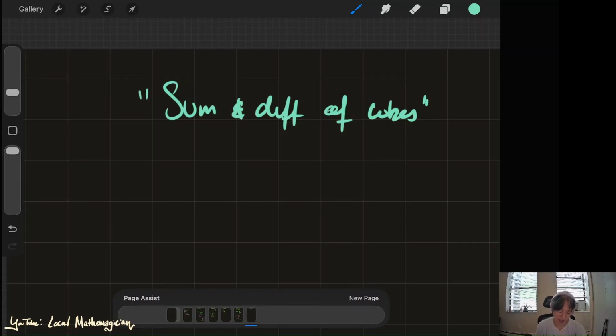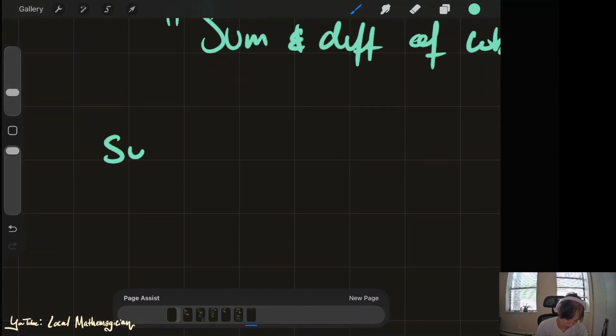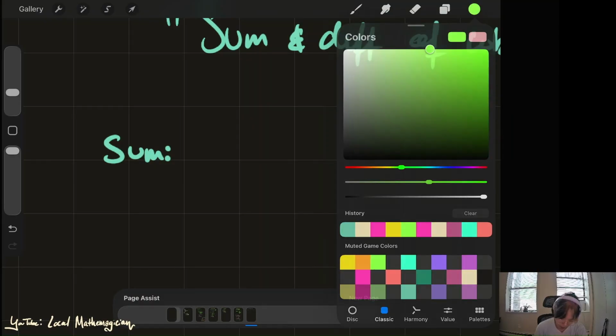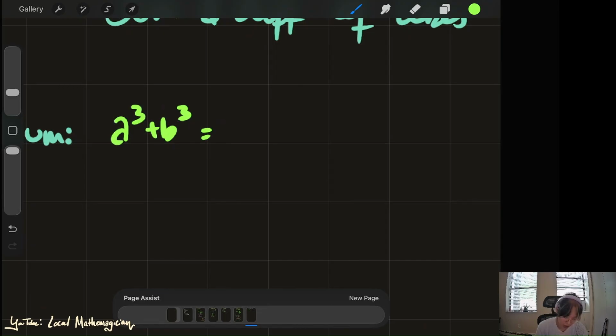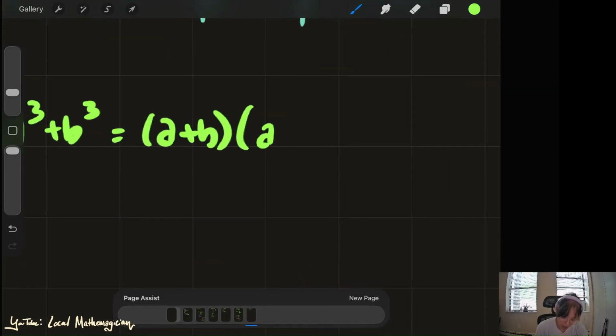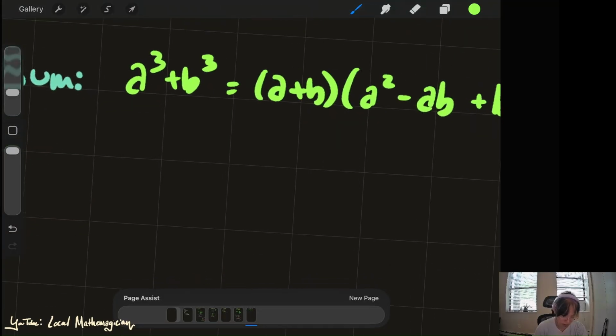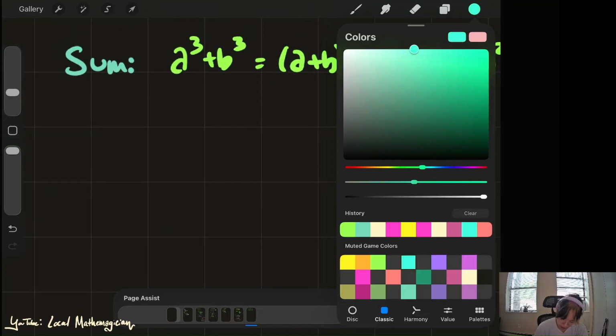Okay? So the sum of cubes, which can be written as a cubed plus b cubed, is equal to a plus b times a squared minus ab, not 2ab, just 1ab, plus b squared.